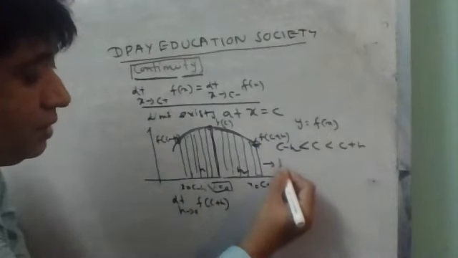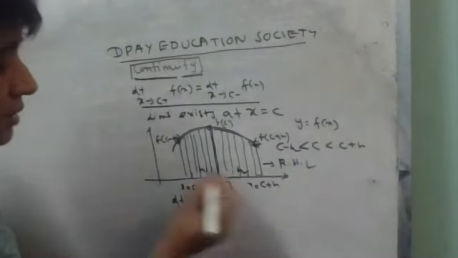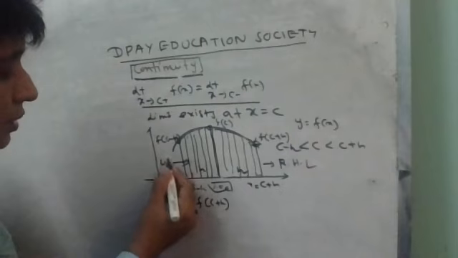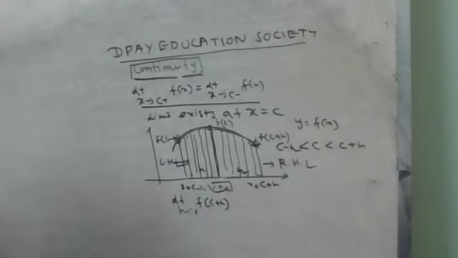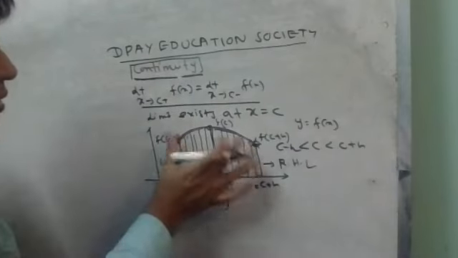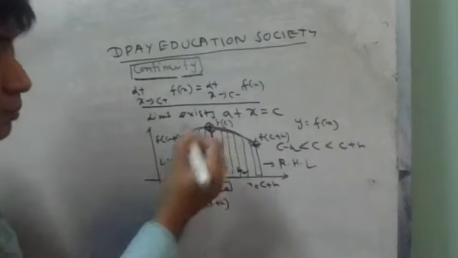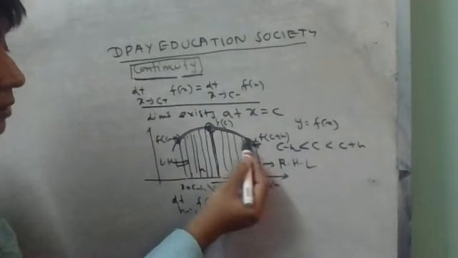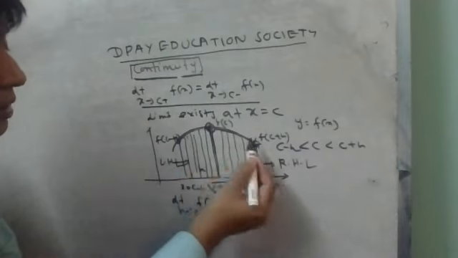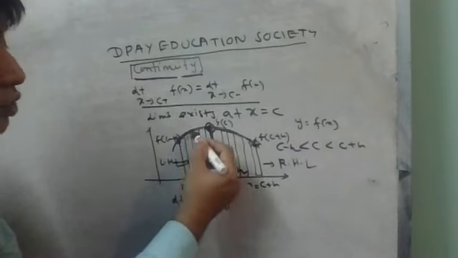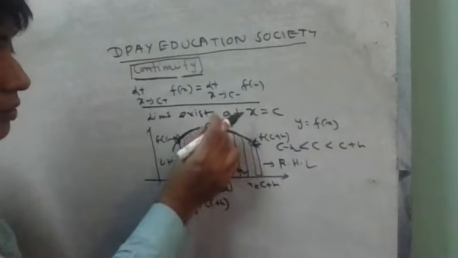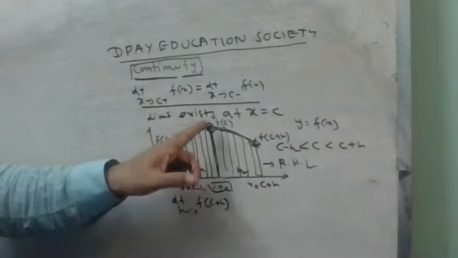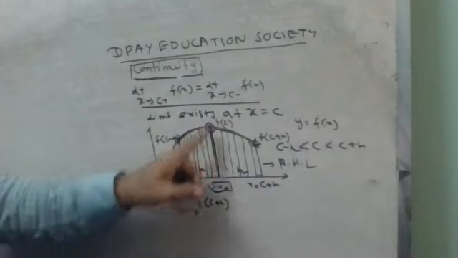So this part is called the right hand limit, and this part is called the left hand limit. So from both sides of this point, at this height, these two points are approaching along the curve, the point c, f(c).